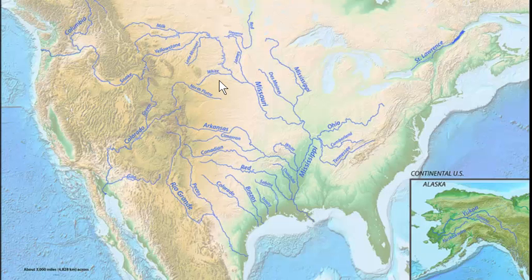Similarly, in the west, we also don't see a lot of rivers, and that has to do with it being quite dry. But these rivers do snake their way through this very rugged physical environment and eventually make it to a coastline. We see that with the Colorado River, which starts over here in Colorado and works its way through Nevada and Arizona, where it carves out the Grand Canyon.